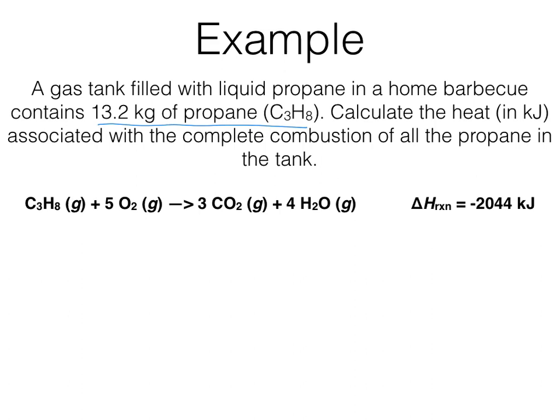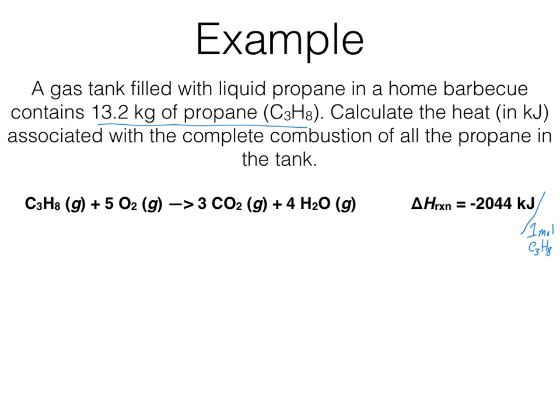So now we no longer have 1 mole of propane. And so what we're going to have to do is use this delta H of reaction as a conversion factor. And so this delta H of reaction is per 1 mole of propane. And this helps us think of this as a conversion factor.